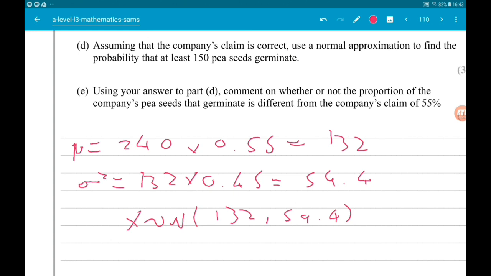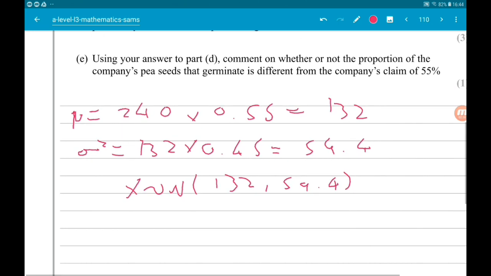So, because of that, we need to think of the smallest number that would round up to 150, which is 149.5. So we want the probability that X is greater than 149.5.